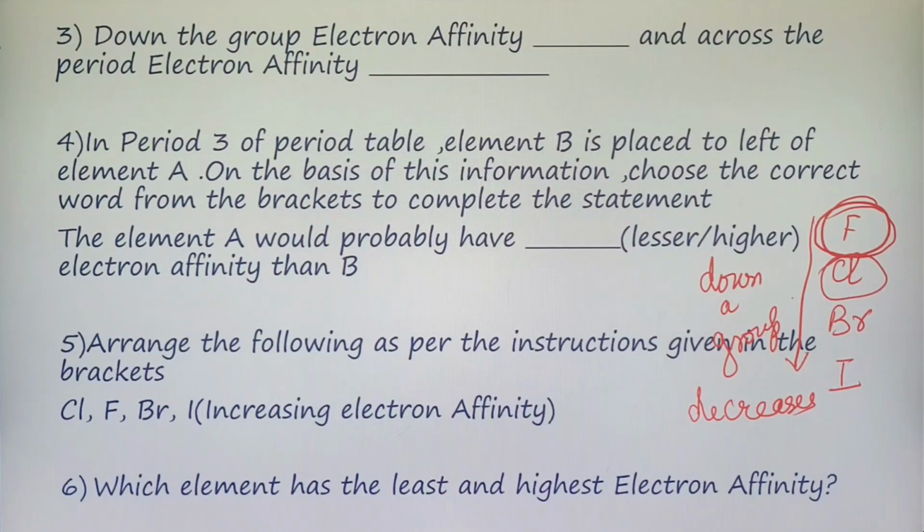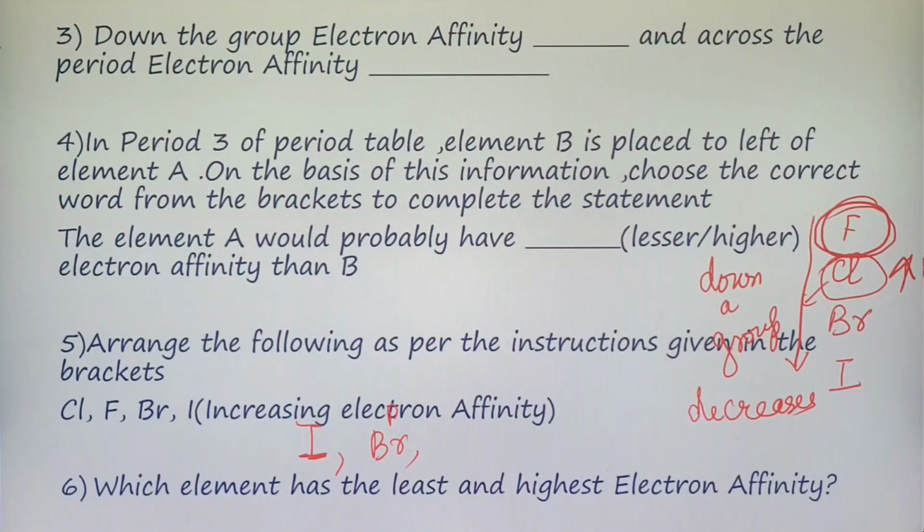Chlorine has a higher electron affinity as compared to fluorine. So if you are to arrange the elements in increasing electron affinity, iodine will be the least because it's decreasing. Next, it will be bromine. Yes or no, children? And amongst fluorine and chlorine, please remember this as an exception.